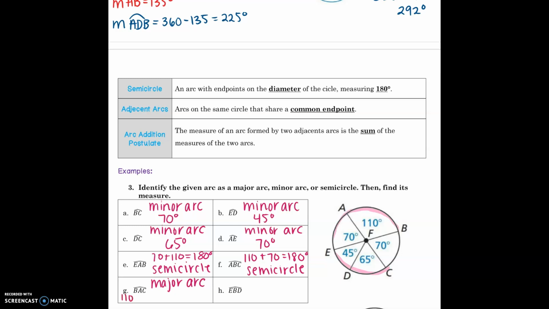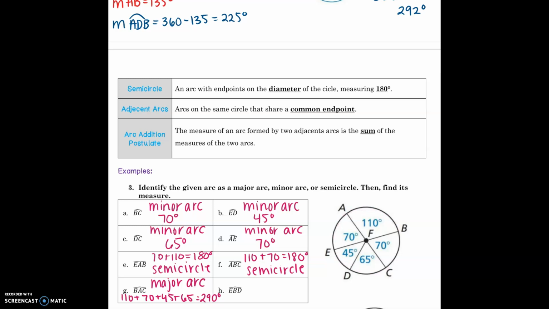So we have 110 plus 70 plus 45 plus 65. When we plug that in our calculator, we get 290 degrees. That's the measure of arc BAC.